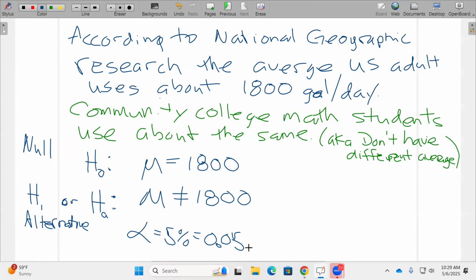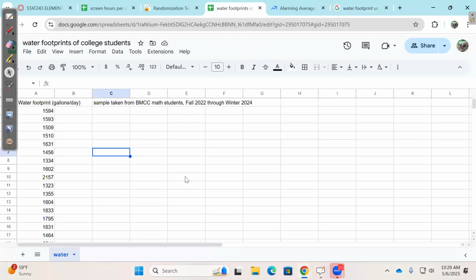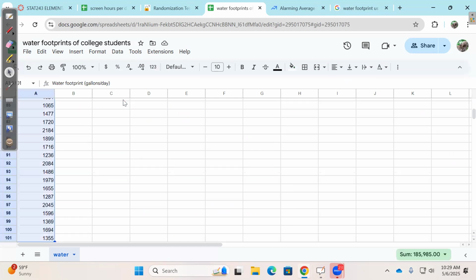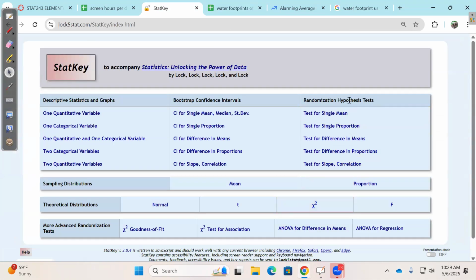Okay, so next step is we go find the data. And let's see. I did not share this data with you. Apologies for that. Copy it all. And then I'm going to go over to StatKey. And in StatKey, for a hypothesis test, it's either going to be a single mean or a proportion, and we'll also play a little bit with differences in means and proportions next class.